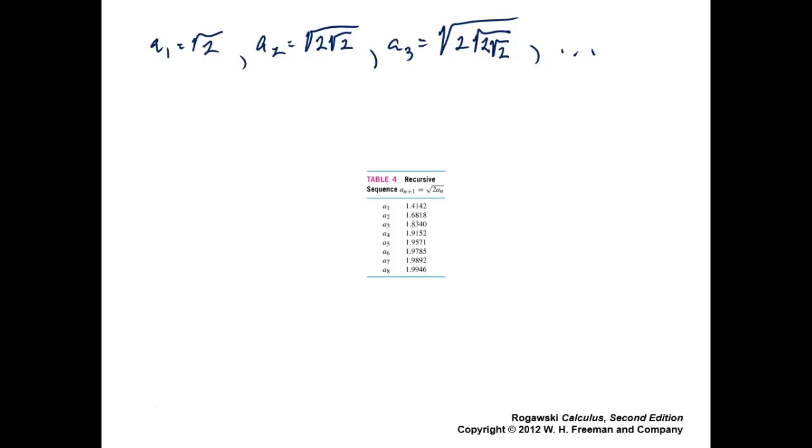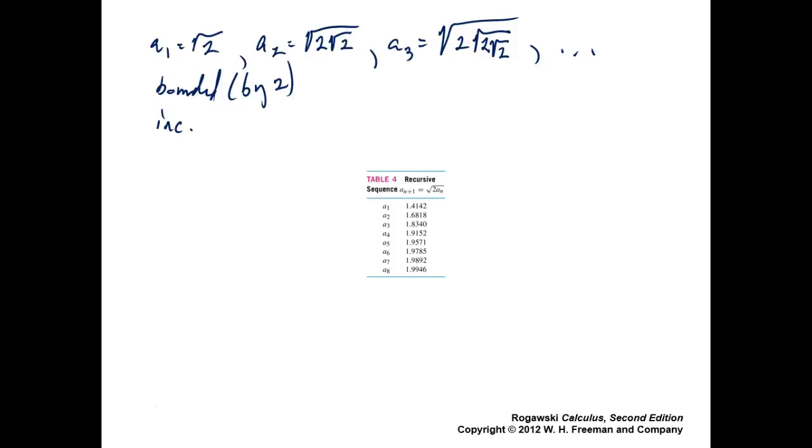Now, here's what we're to prove. We've shown it's bounded, for instance, by 2. And we've also shown it's increasing monotonically. So if it's bounded and increasing, by theorem 6, it has to have a limit.